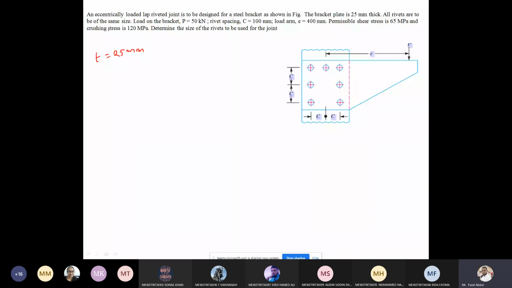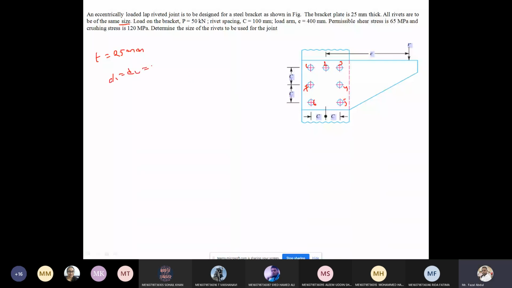All rivets are to be the same size. It means how many rivets are there? 1, 2, 3, 4, 5, 6, 7. So all rivets have the same size.